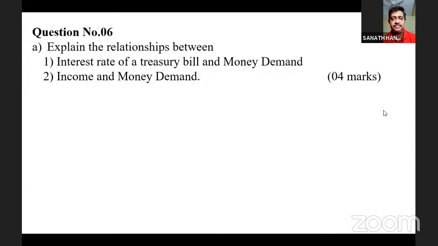There is a negative relationship between interest rate of bonds and money demand, due to speculative demand for money.